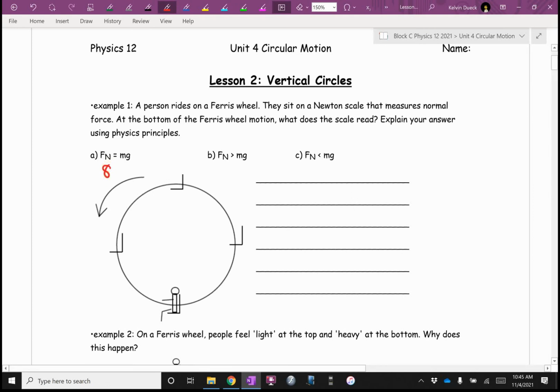Who says you're going to read more than mg? Who says you're going to read less than mg? 2, 3, 4, 5, 6. Kessler, what are you voting? I'll go for A.